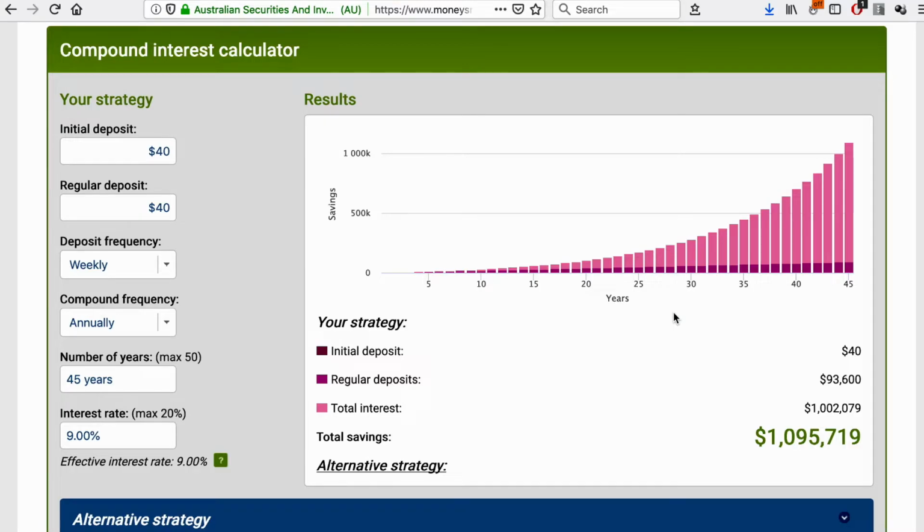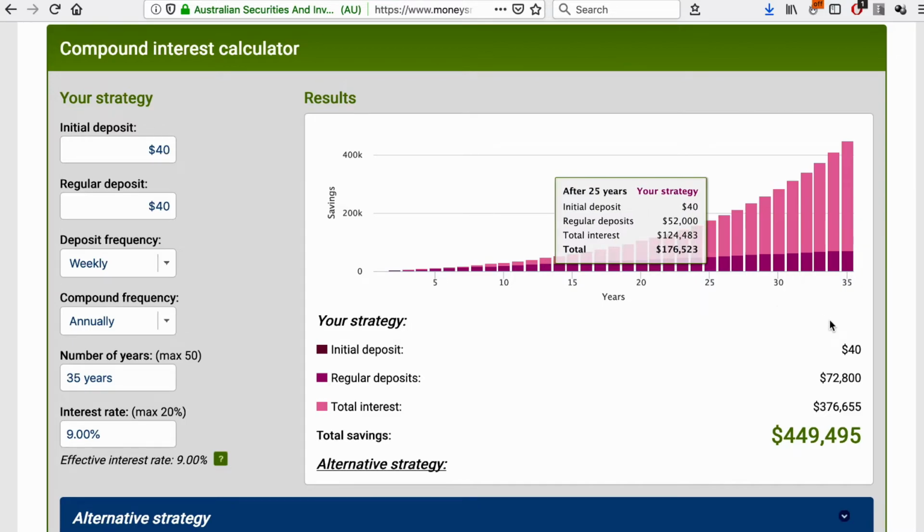But what if, say, you want to live life to your fullest, only start saving and investing for when you're 30 instead of 20. So that means that compounding will only happen over 35 years instead of 45. Let's have a look at that. Wow, okay. So guys, what you're looking at is $449,000.